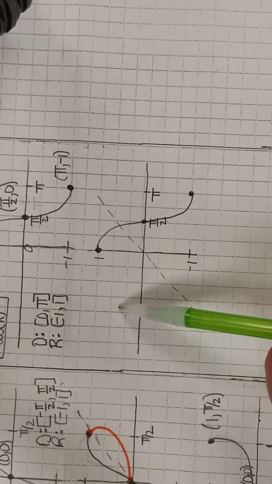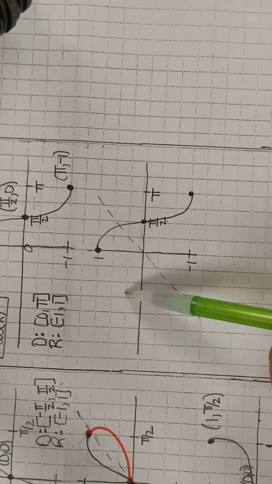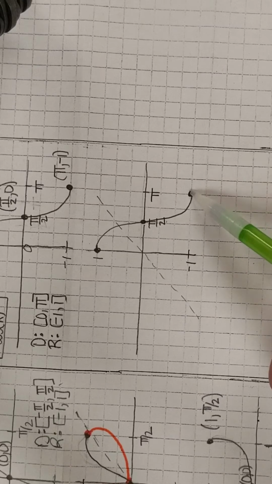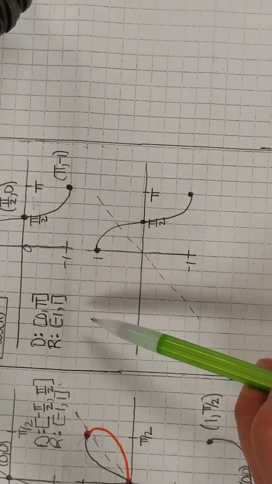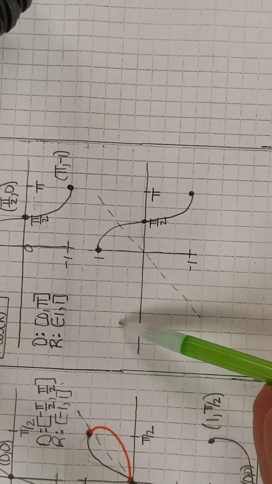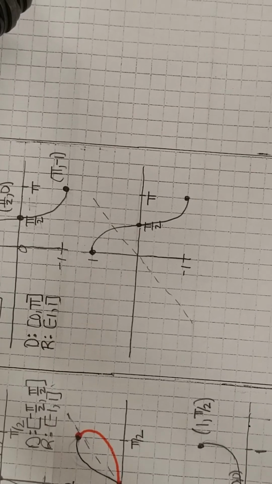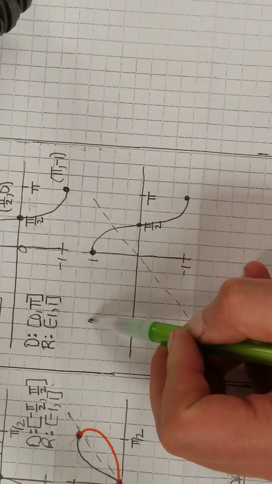As I'm tracing it in the air without drawing it, I'm hoping you can see that if I took this point with the curve and had it travel across y = x, it would fall right here. So we're just going to approximate this reflection right now. It's going to be about here.